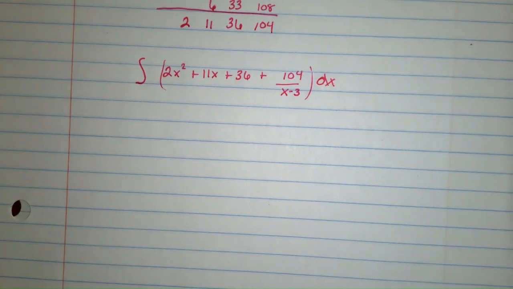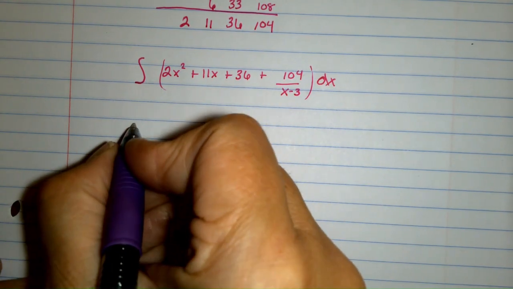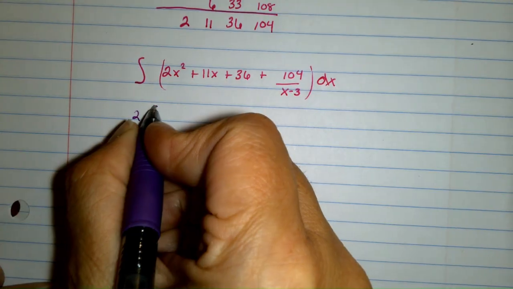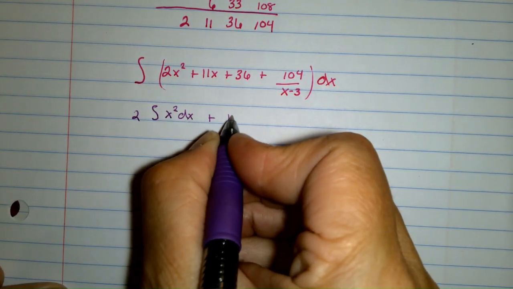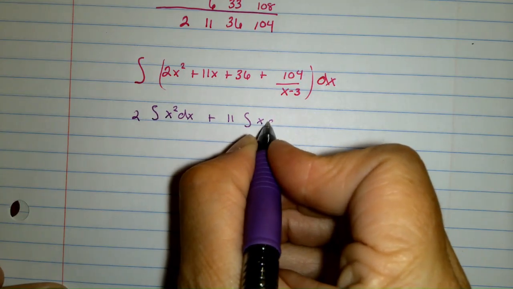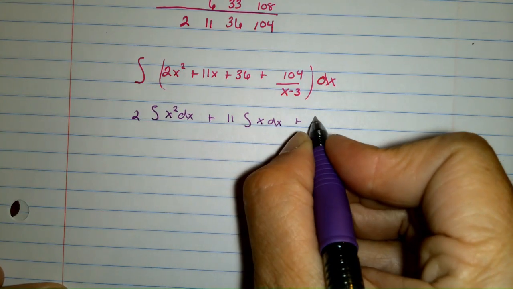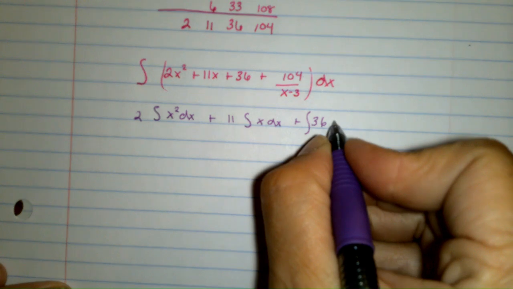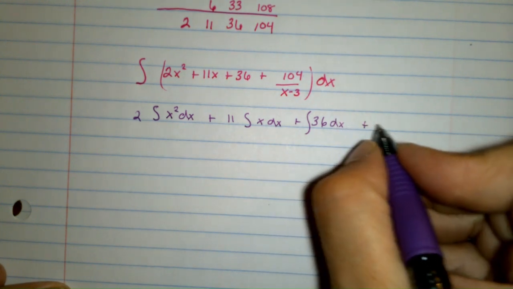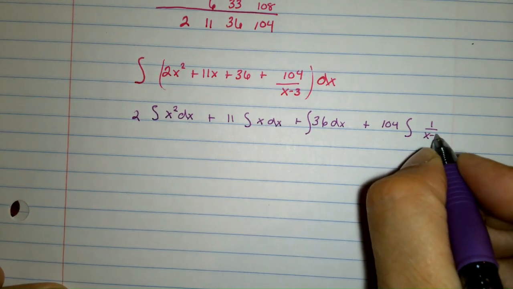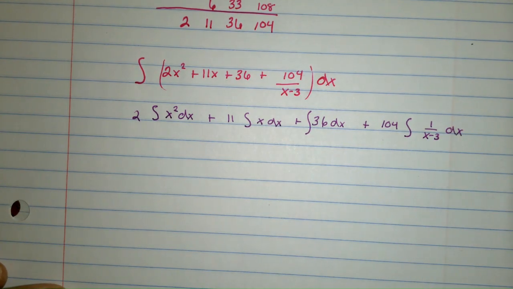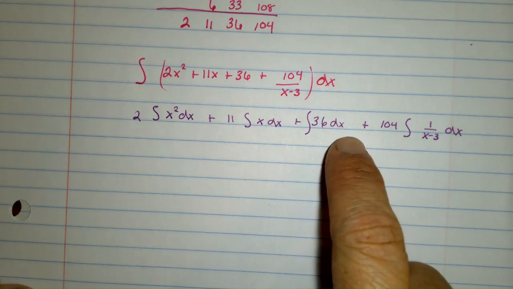If I write it out the full way properly: 2 integral x squared dx plus 11 integral x dx plus 36 integral dx plus 104 integral 1 over x minus 3 dx. Okay, and for these I can use just a basic rule.